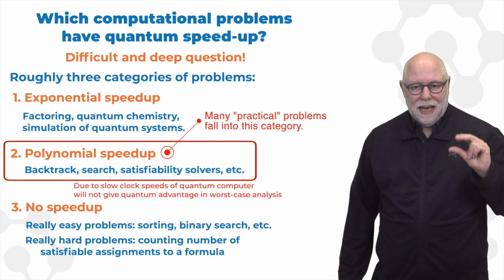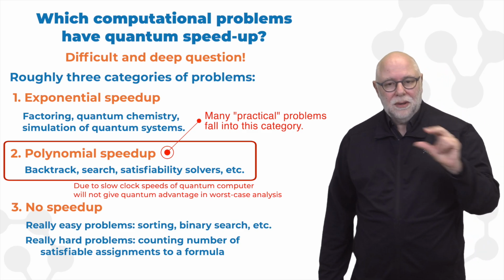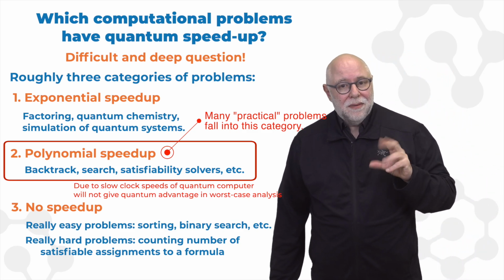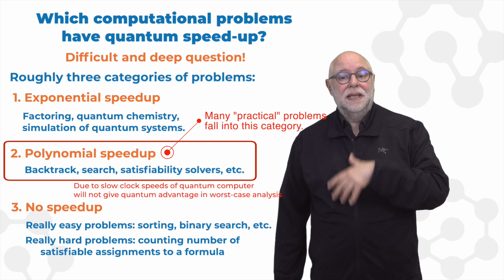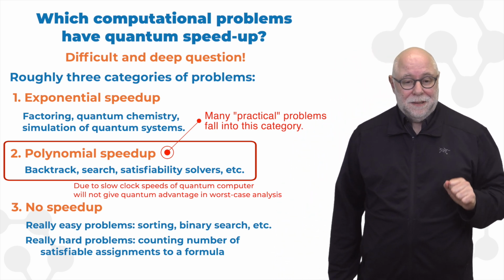So actually this middle class is kind of ruled out as good problems to be run on a quantum computer. However, it's ruled out because of this worst case analysis that I earlier explained.